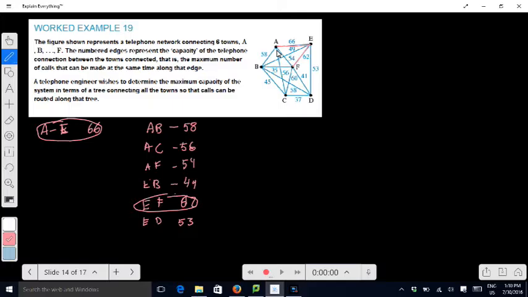Now I can go A to B, which is 58, A and C, which is 56, F to B, which is 35, F to C, which is 60, F to D is 41, E to D, which is 53.